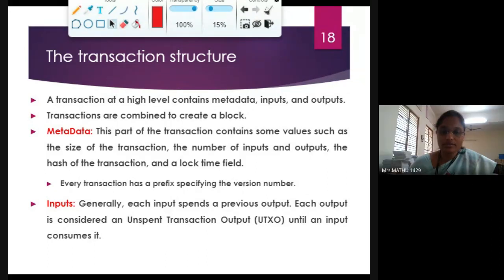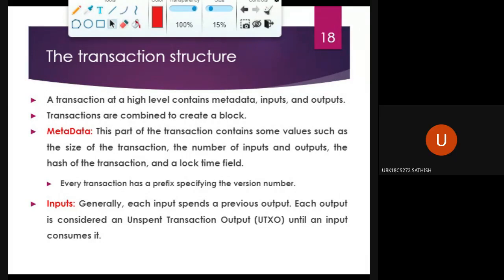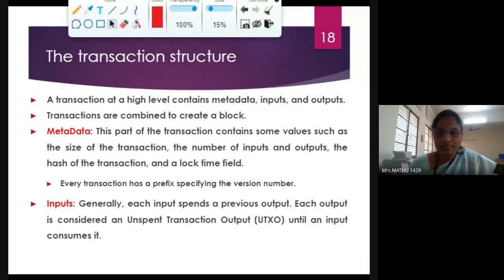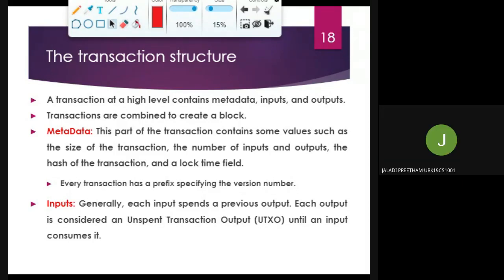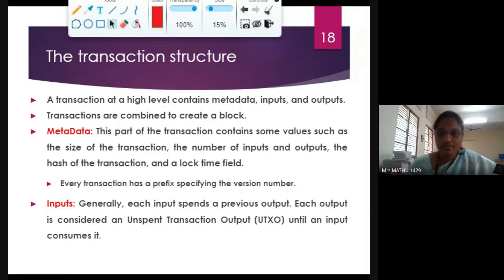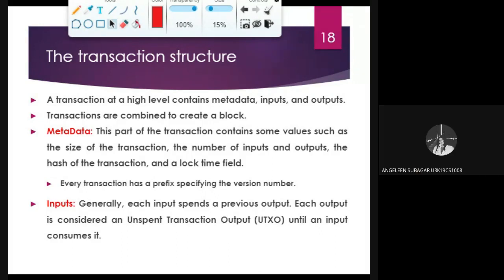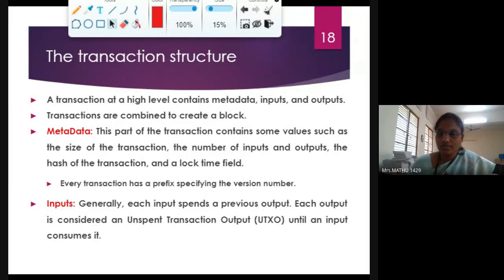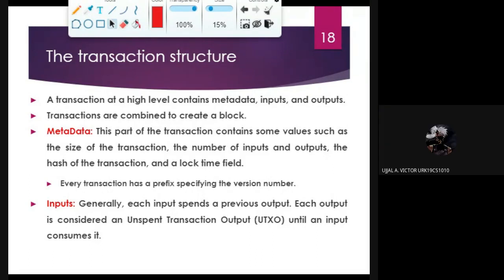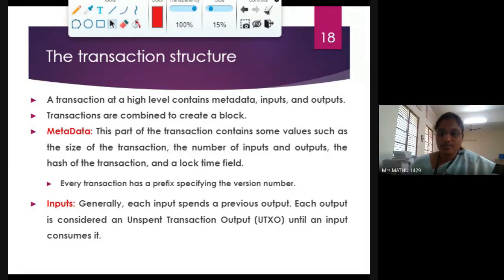Naveen Kumar, yes. Satish Kumar Reddy, yes. Preetham, present. Jeffrey Jebastin, present. Benzam Raj, present. Angeline Subagar, present. Ujjal, present. Laswita, present.